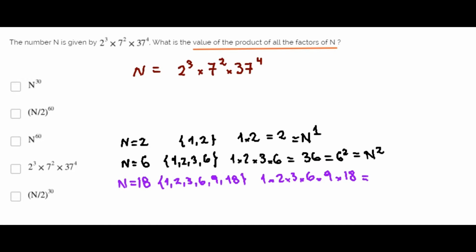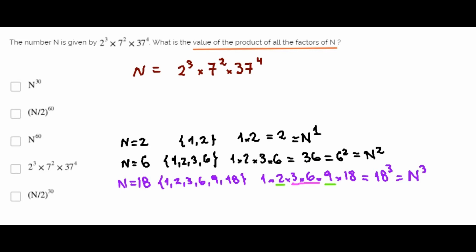So, what is the product in terms of 18? In terms of 18, the product is, here we have 18, and here we have another 18, 3 times 18. 18 cubed. In other words, n cubed.